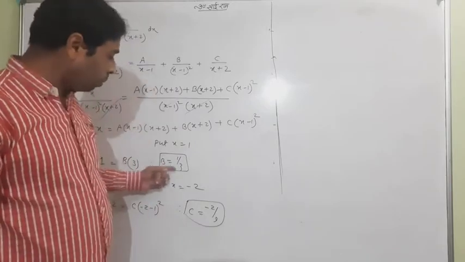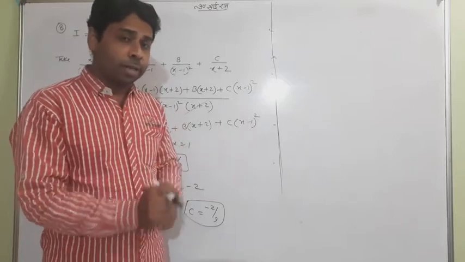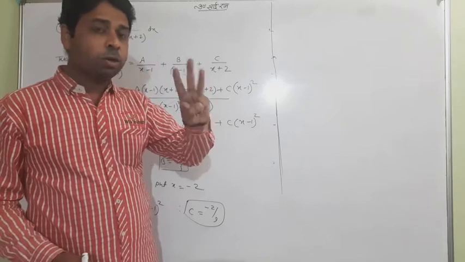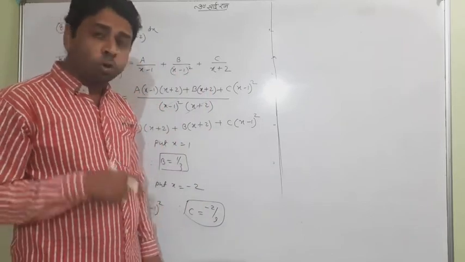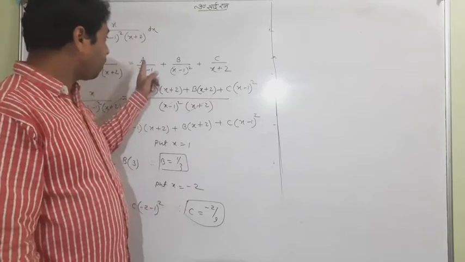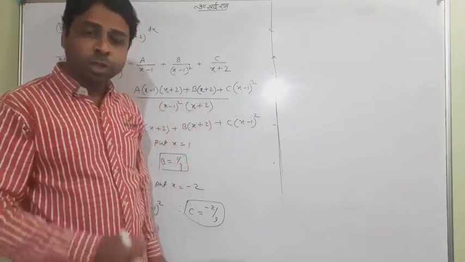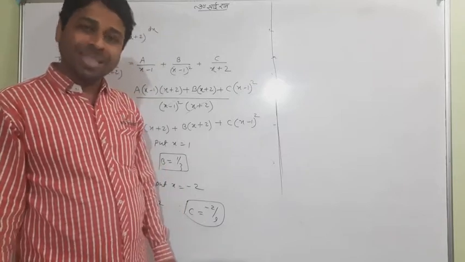So till now you got B and C. Now a very important thing: you had A, B, C, 3 constants. You got B and C, and you just want to find the last one, A. But we had only 2 linear factors, which we used. So I am giving you one trick or method here.